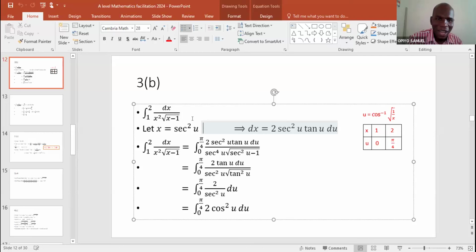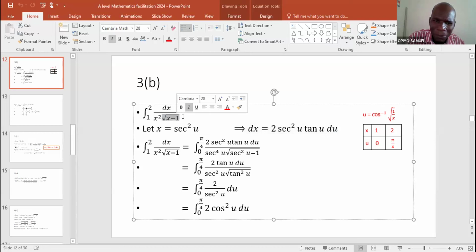Where did you get the sec squared u? I've seen many people have concern here, how we got the sec squared u. Now the idea is, are we seeing this square root?